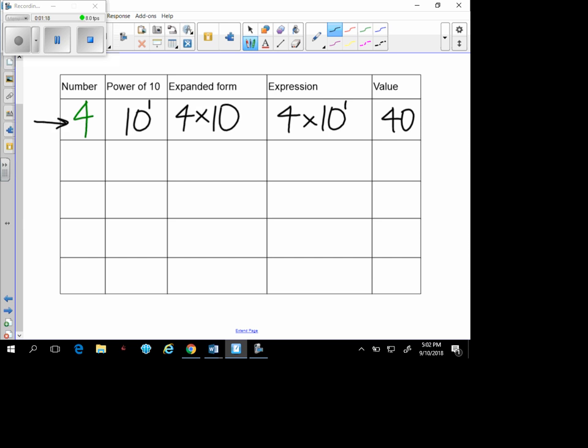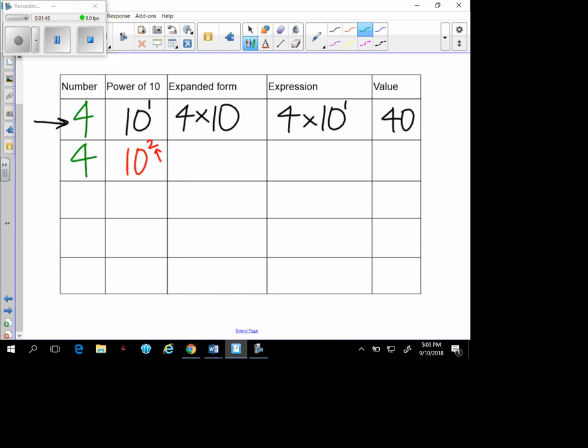All right? Now we're going to look at the next one down. So if we're following a pattern, as we should be, we're going to be talking about 10 to the second. Now, if you remember anything about squared numbers, remember that the 2 says squared, 10 squared. So I'm just going to bring down my 4 one more time because I want to use the same number that I've already decided on. So I'm going to do 4 times 10 to the second.